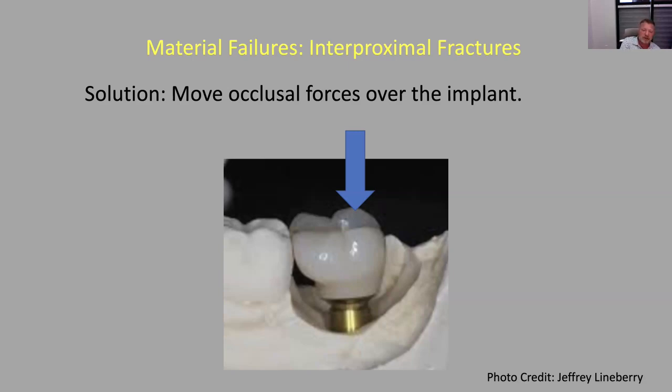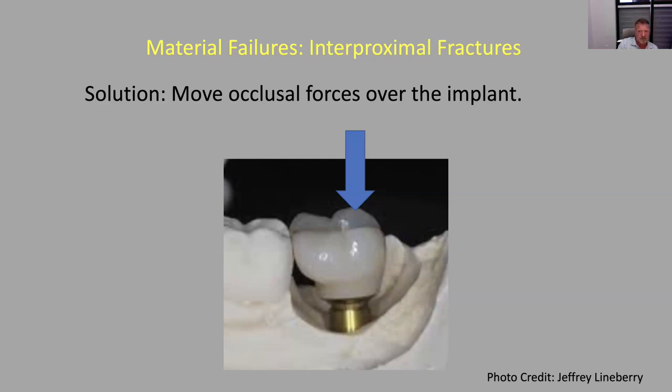Really, not thinking about this as a molar and thinking more about it as just a restoration that's sitting on a fixed, rigid implant, move that force back to the distal of the crown to the point that you can't even get a mark on the front of that crown. And that will take a lot of the force and pressure off of that cantilever area and put it over the top of the crown.